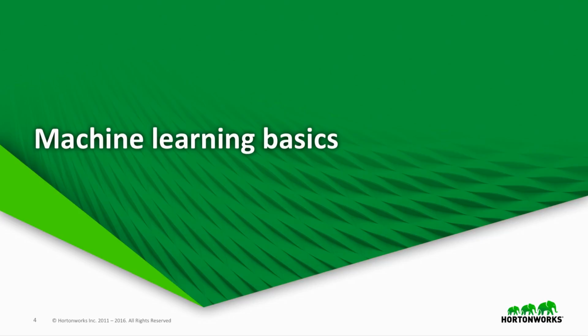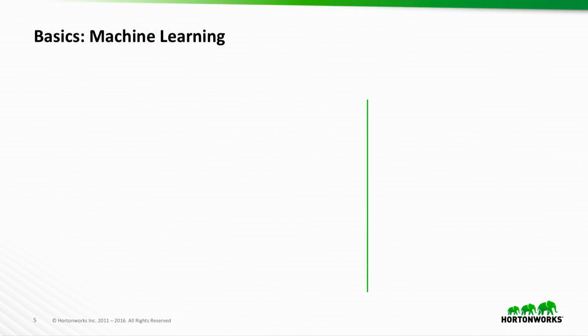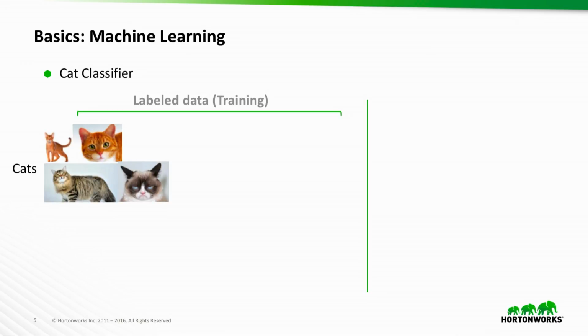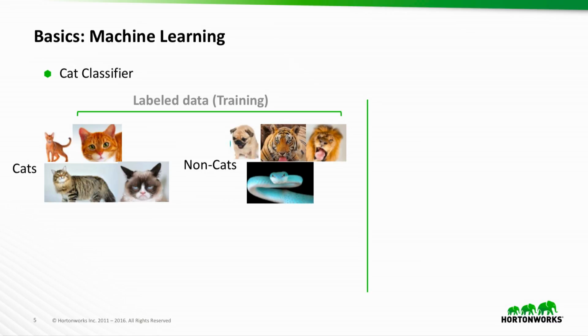Okay, so for the machine learning basics, let's assume we are trying to build a cat classifier, which will be given a picture and try to predict whether it is a cat or not a cat. So first, you need a lot of data. You need to label the data, which means you already know that this data is for cat or non-cat, and this is tagged to the picture.